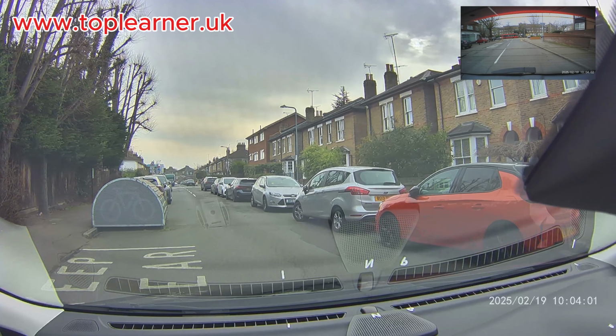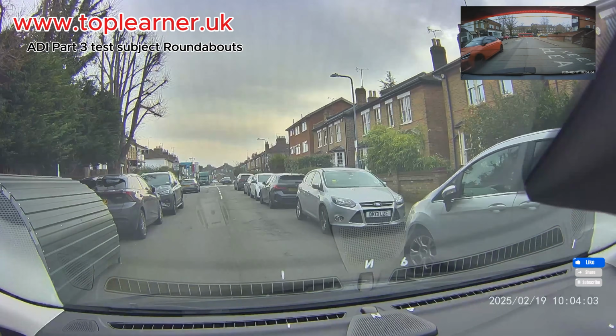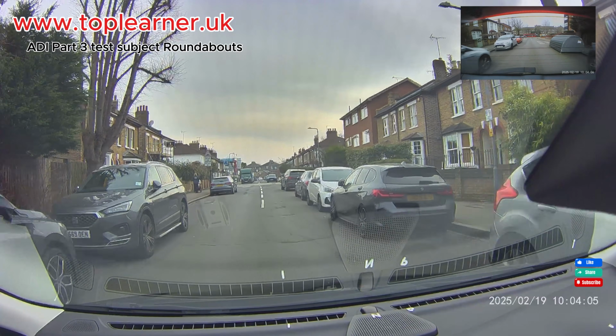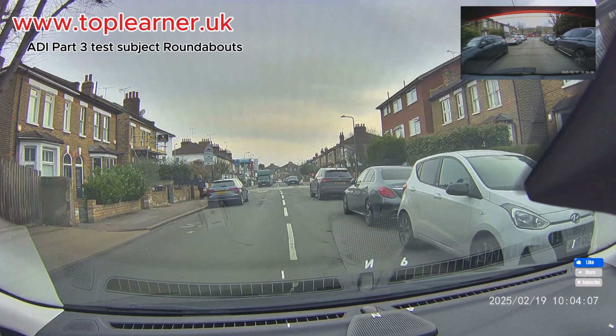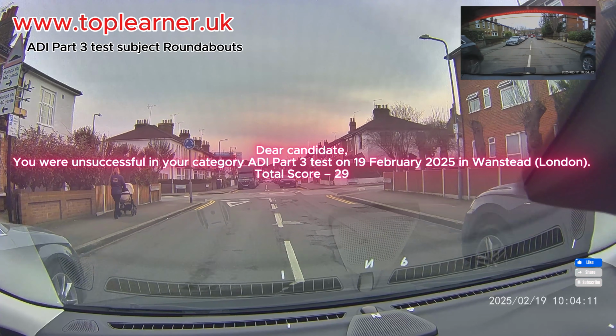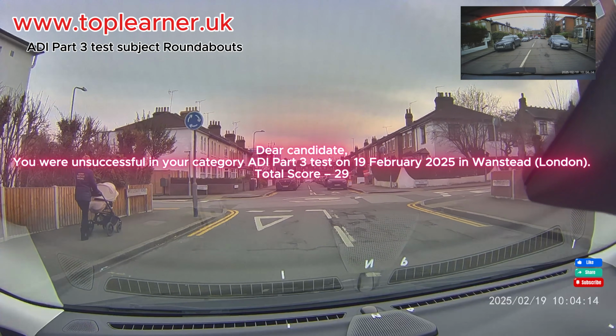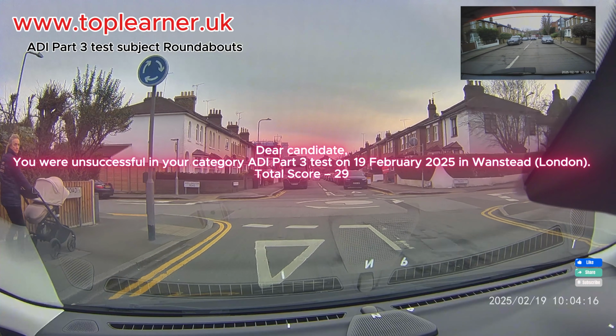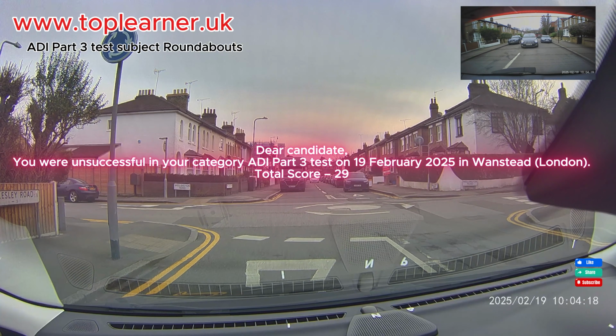At the mini roundabout, turn left, first exit. Can you see a hazard? Yes, there is a pedestrian crossing the road. Keep going, keep going.